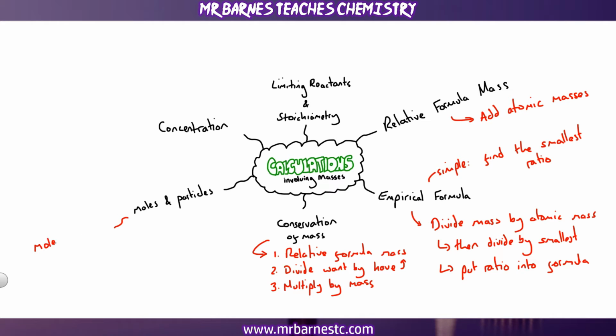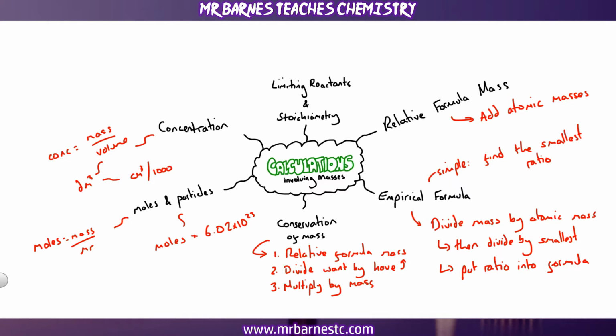To work out the moles, you divide the mass by the formula mass, and to work out the particles, you take those moles that you've just worked out and times that by Avogadro's constant, which is 6.02 times 10 to the 23. Concentration is mass divided by volume. Volume must be in decimeters cubed, so you have to divide whatever the centimeters cubed is by 1,000.